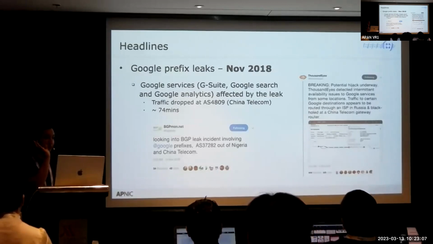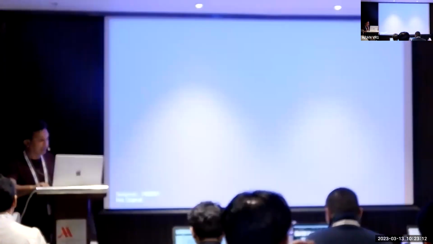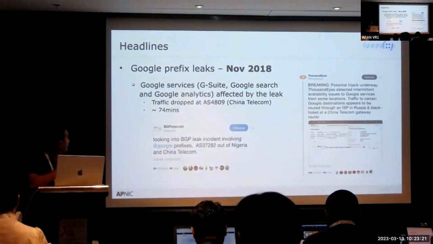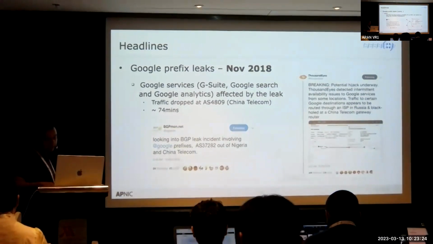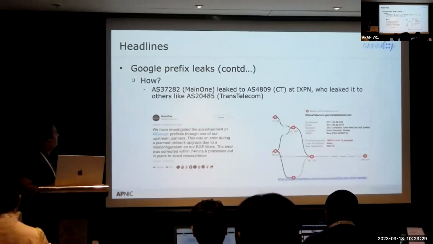This is also just a misconfiguration, and this affected a large service provider like Google, and most of the Google services were not available for around 74 minutes, right? So basically AS37282 Main One, which is one of the largest providers in the African region, linked to China Telecom at IXPN, that's in Lagos in Nigeria, the internet exchange point of Nigeria.